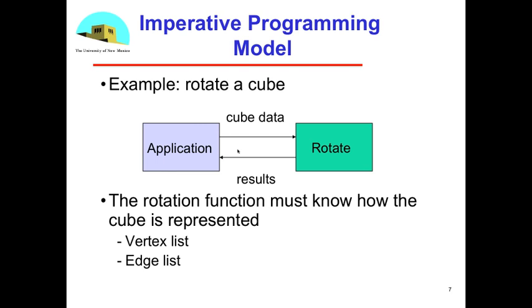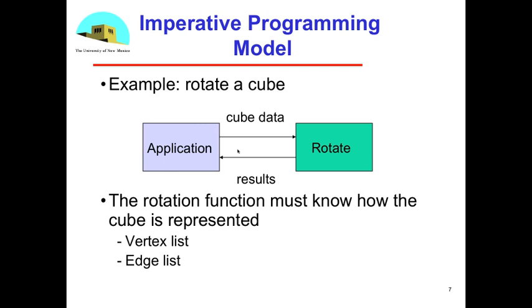Remember when we talked about representing meshes, and there were varying ways of doing it. You could use a vertex list as one example, an edge list as another. And if you're thinking about applications which deal with large amounts of data that may come from some sort of CAD application, one of them may use a vertex list, another may use an edge list, another may use some other structure.